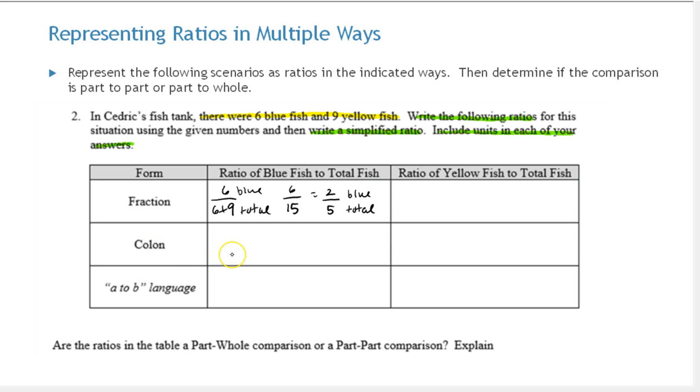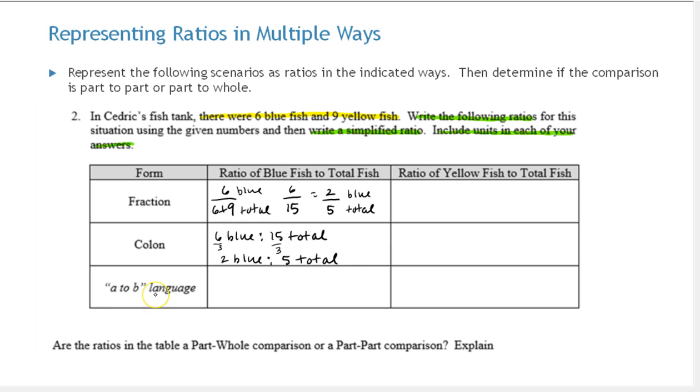Using the colon notation, we would write this as 6 blue fish to 15 total fish. And we can simplify by dividing these by 3, just like we did in the last case. So there's 2 blue fish for every 5 total fish.